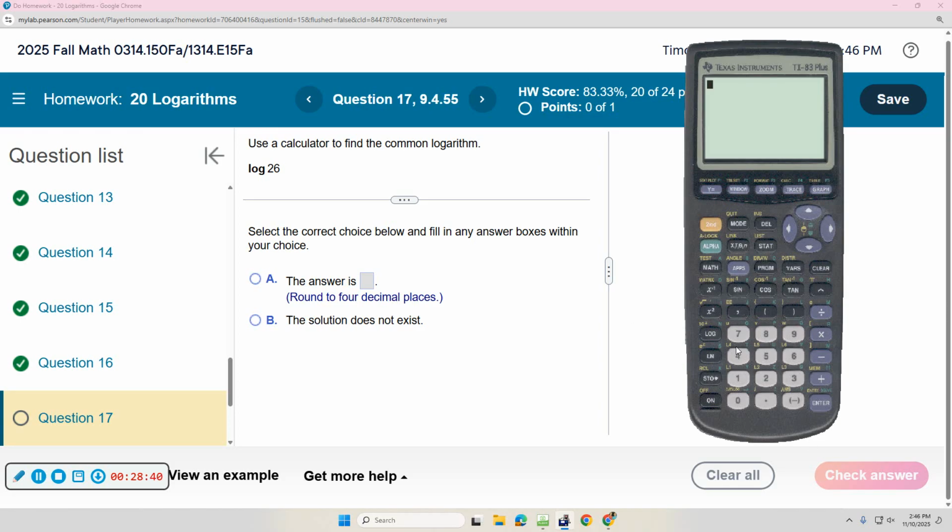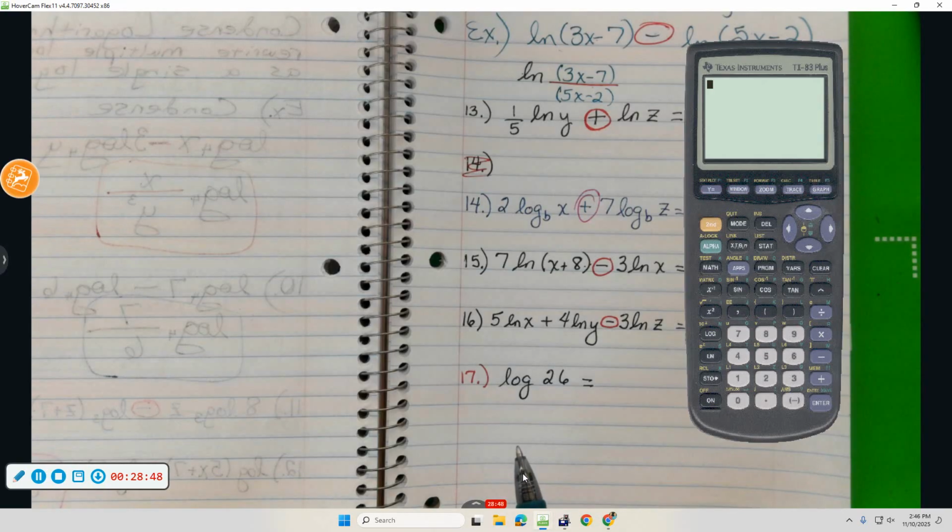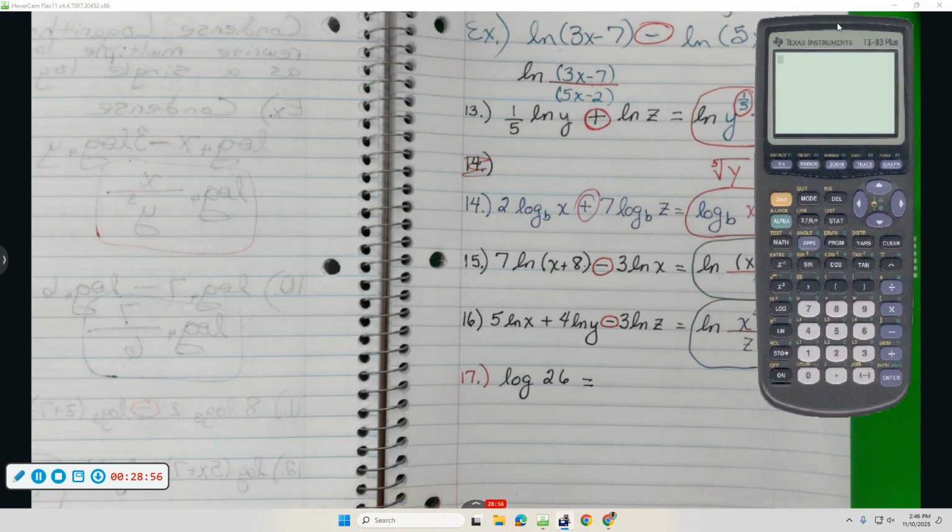Then they're asking for the common log of 26. Realize what they're asking for. What's the assumed subscript of a common logarithm? 10.